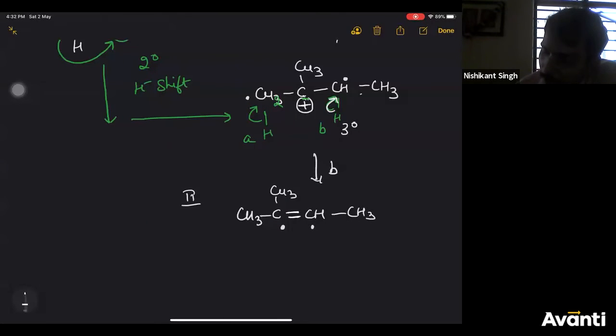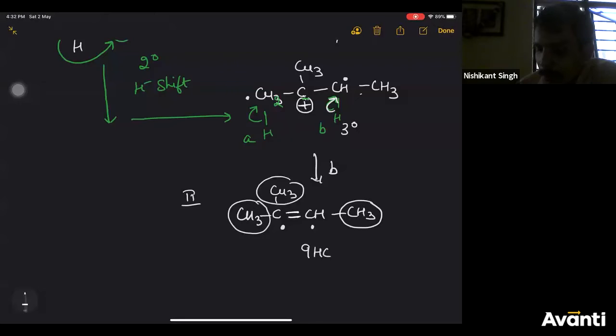This alkene has 3 alpha hydrogen here, 3 alpha hydrogen here, 3 alpha hydrogen here. It is stabilized by how many hyperconjugating structures? 9. So in that case, which will become your major product, students? The second product is your major product.